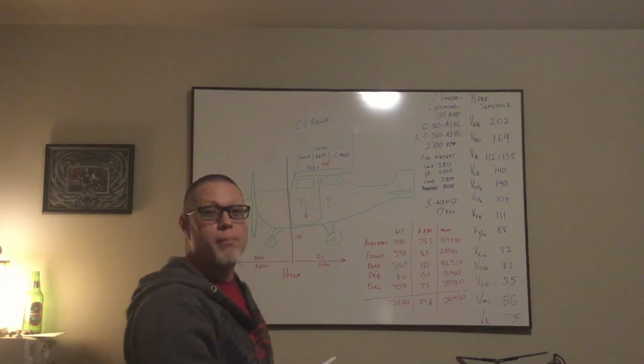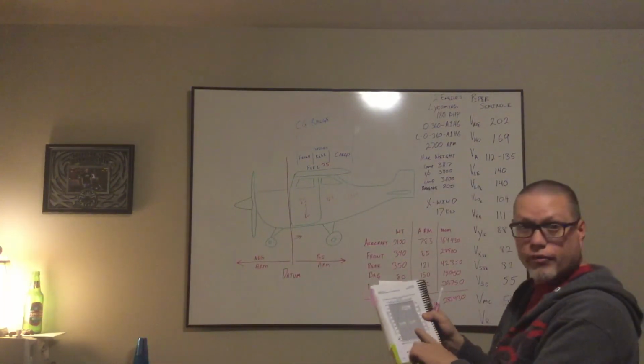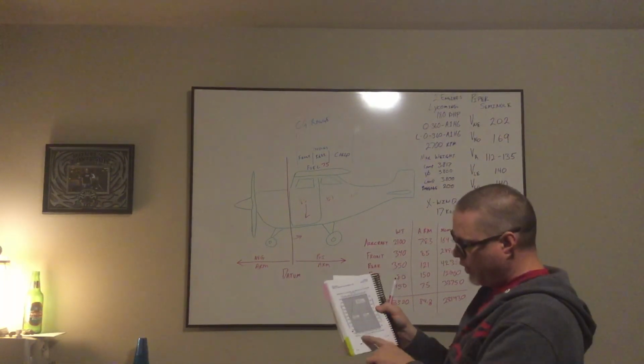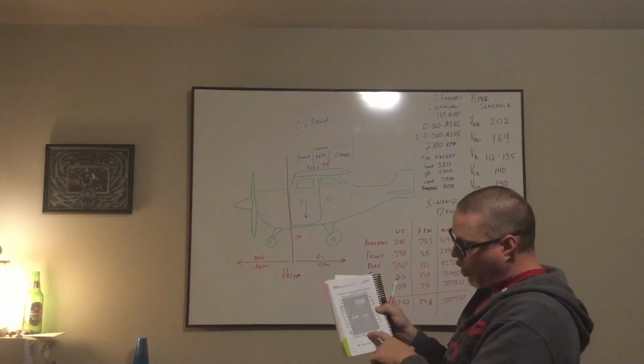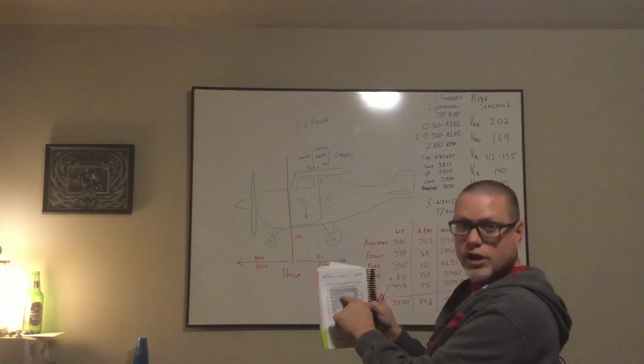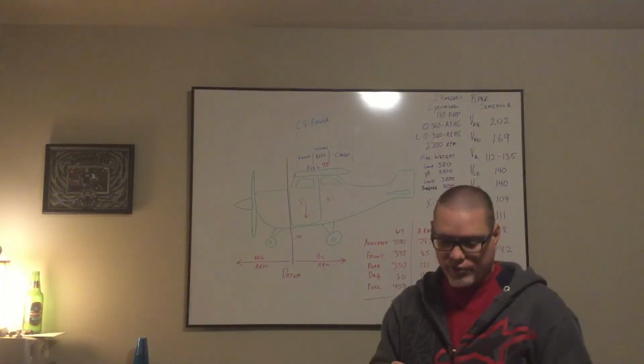Just moved our balance point backwards a little bit. So then we would double check and cross-reference our chart here. Take the total weight of the plane loaded and our new arm distance and connect those two up, and we're right here inside of our envelope, which means that our plane would be balanced and we would be safe to fly.